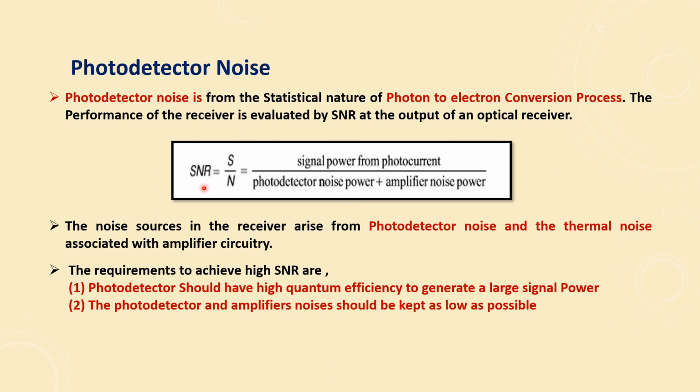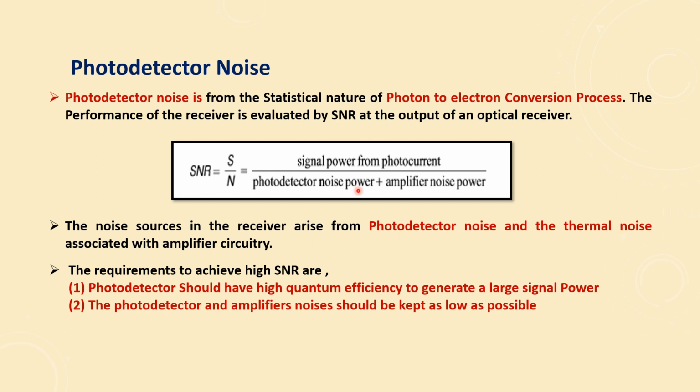So to achieve this high signal to noise ratio, what are the requirements? First of all, the photodetector should have high quantum efficiency. We know what quantum efficiency is. High quantum efficiency generates a large signal power, which is substituted in the numerator.